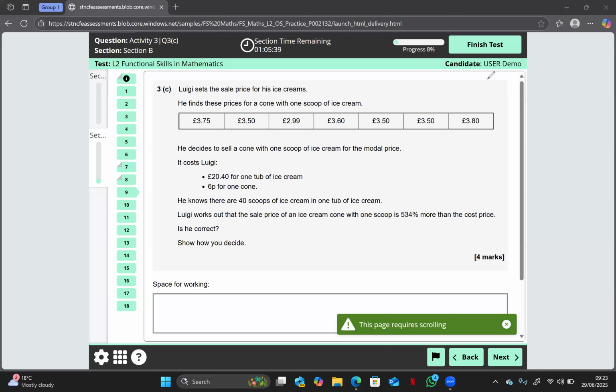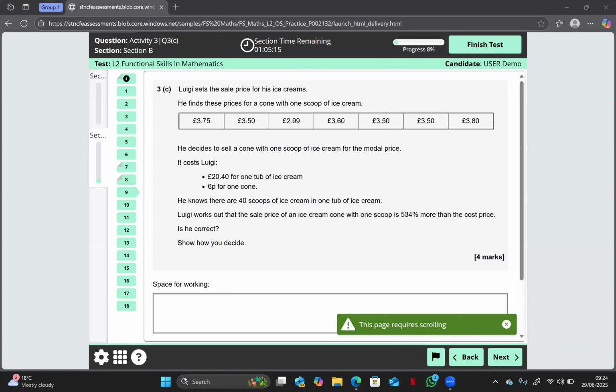So the next question is: Luigi sets the sale price for his ice cream. He finds these prices for a cone with one scoop of ice cream. He decides to sell the cone with one scoop of ice cream for the modal price. The modal price is the most common one.